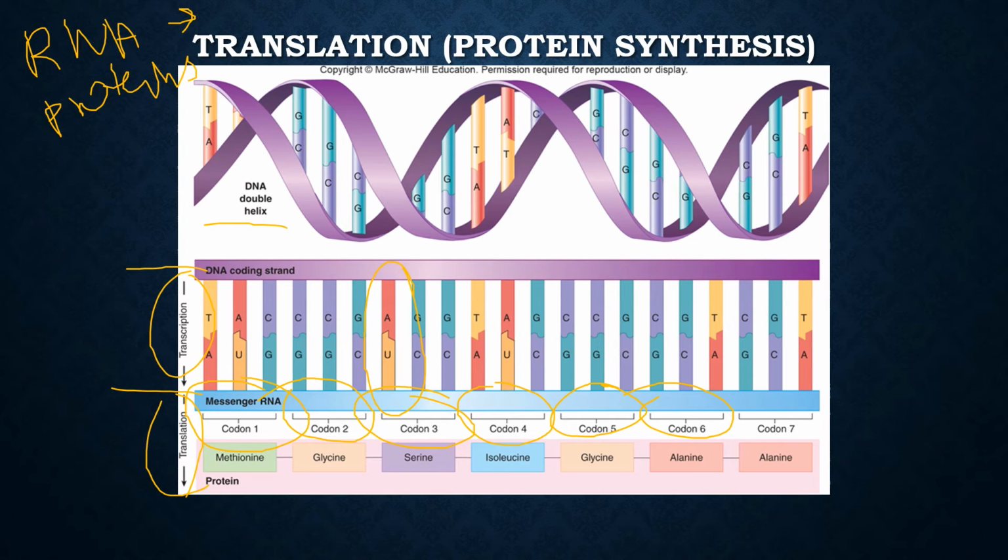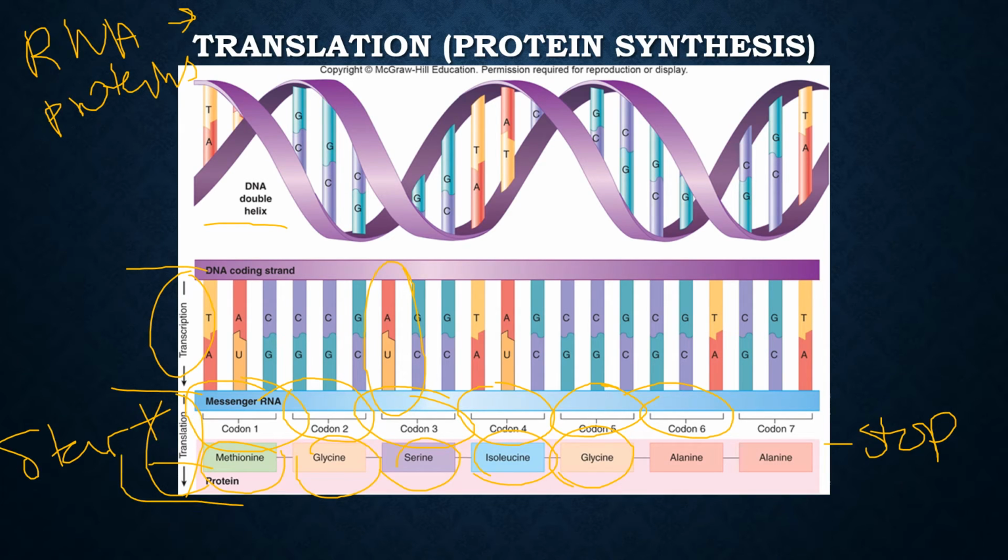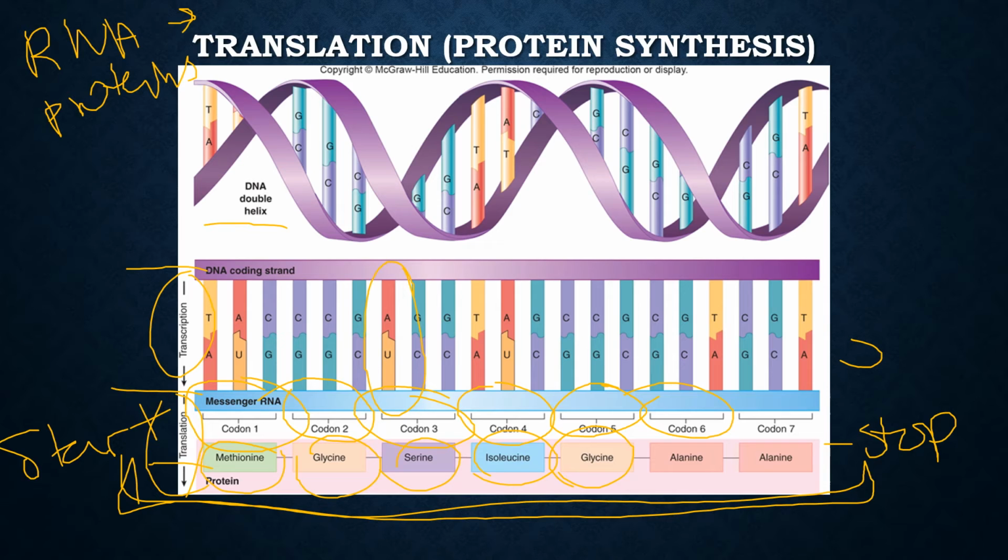The codons then are going to code for some type of amino acid, all right? And so there's always going to be a stop codon at the end. So here we'll have some type of stop codon, and then here some type of start codon. And so essentially the chain that's made based on those codons that came from the mRNA that had been transcribed from the DNA is what makes our chain of polypeptides, or forms our different amino acids.